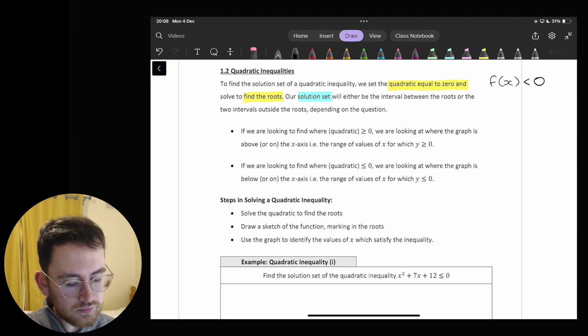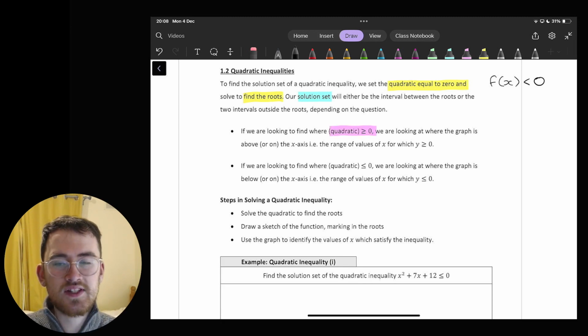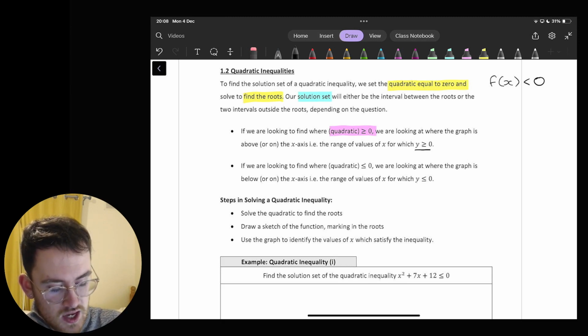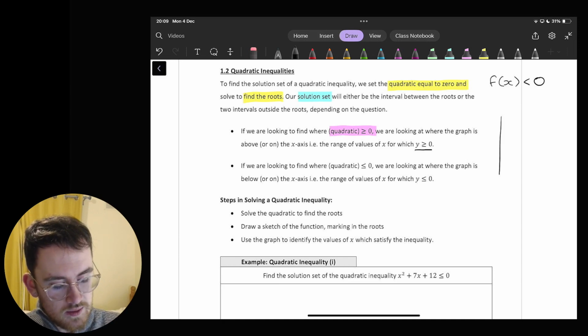So if we're looking to find where the quadratic is greater than or equal to 0, we are looking at where the graph is above the x-axis. So we're looking for the y values for which the graph is greater than or equal to 0, so positive y values. Think about your graph, what it would look like if I draw a quadratic here.